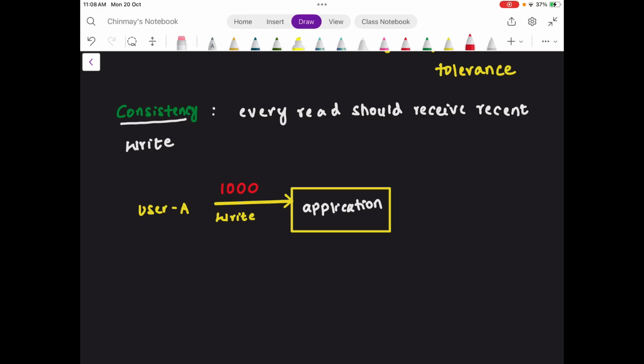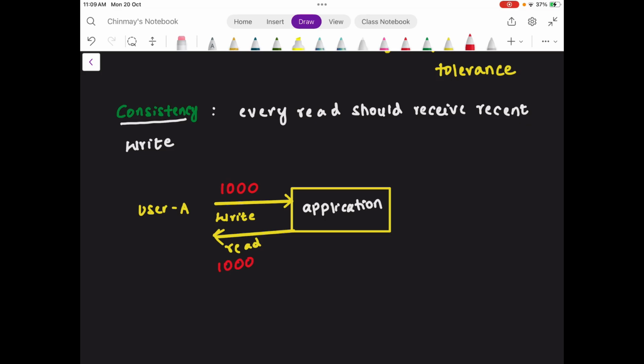When user A immediately performs a read operation to check the balance, it should show 1000 rupees. That means every read should receive the recent write.